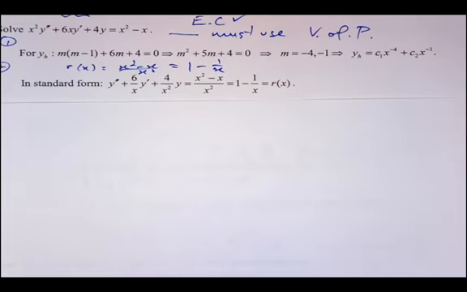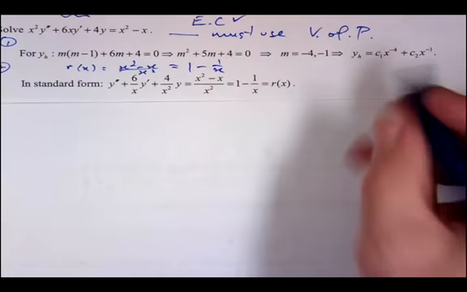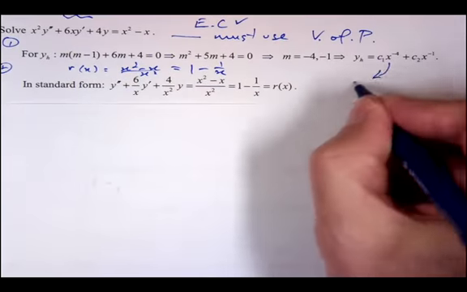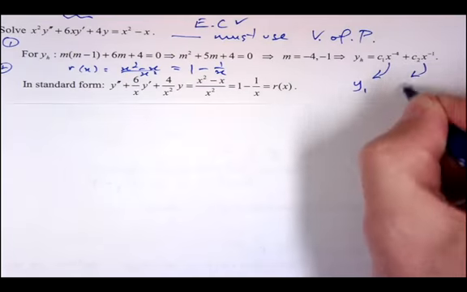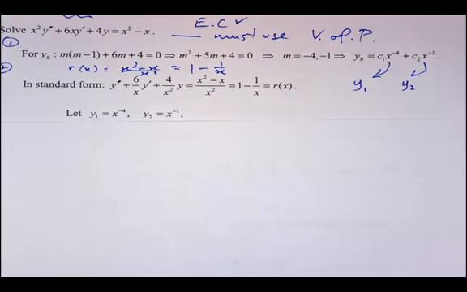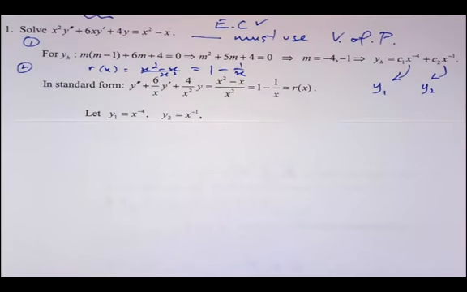Okay. So the next step will be to identify the y1 and the y2, that's where they come from. There they are. Okay, so you calculate the Wronskian. Write the Wronskian down and calculate it.